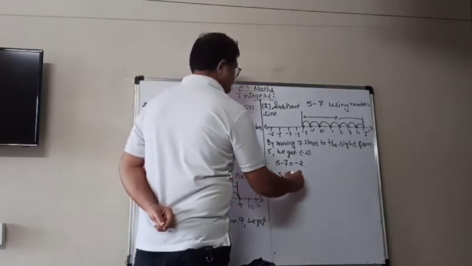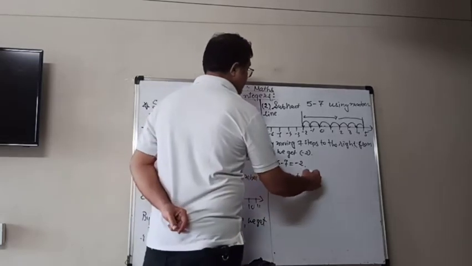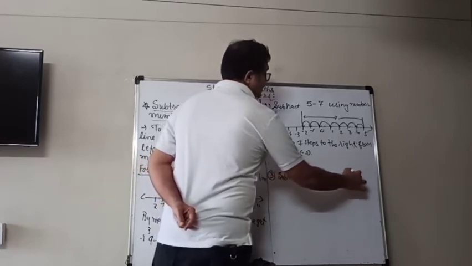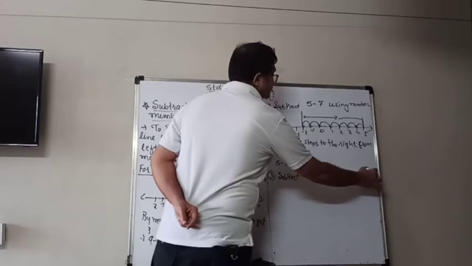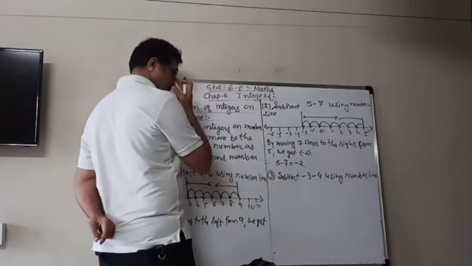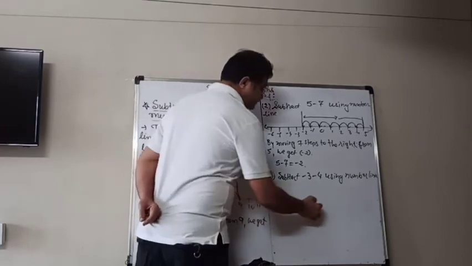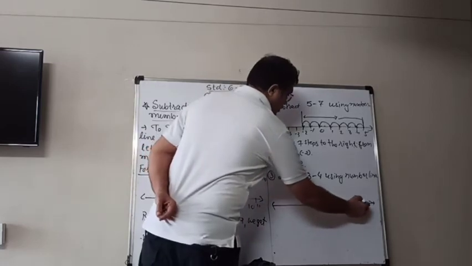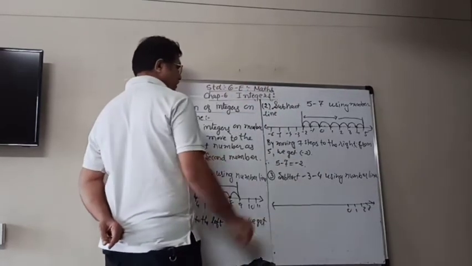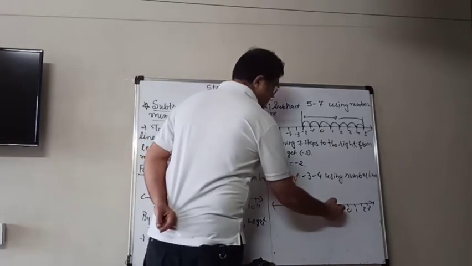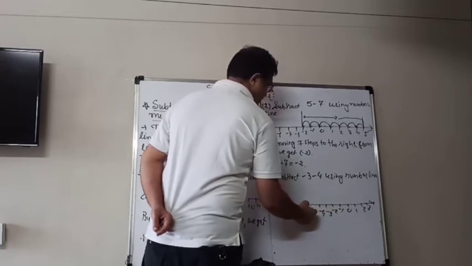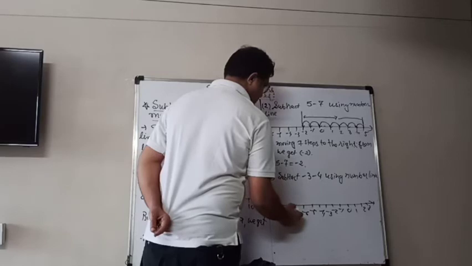Subtract minus 3 minus 4 using a number line. So let's draw a number line. 0, we don't need positive numbers, but you can write down 1, 2, minus 1, minus 2, minus 3, minus 4, minus 5, minus 6, 7, 8, 9 and so on.